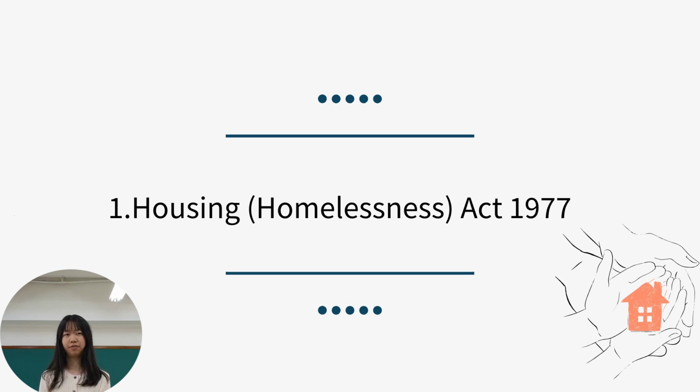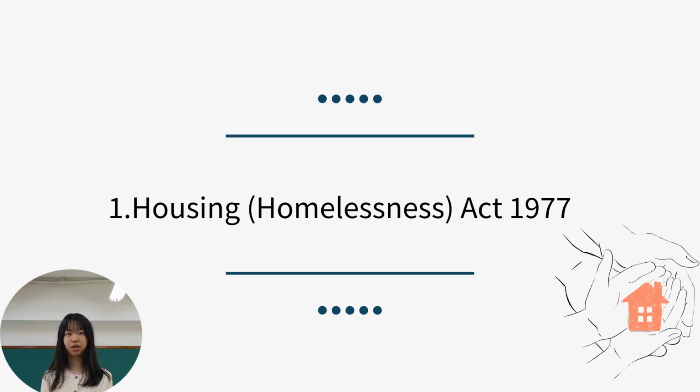The first is the Housing Act 1977. This was the UK's first law addressing homelessness, which stated that local governments have the responsibility to provide shelter for specific groups. The main groups benefited from this act are pregnant women, families with children, vulnerable adults, and those made homeless by disasters.